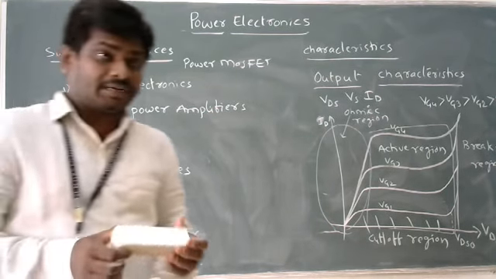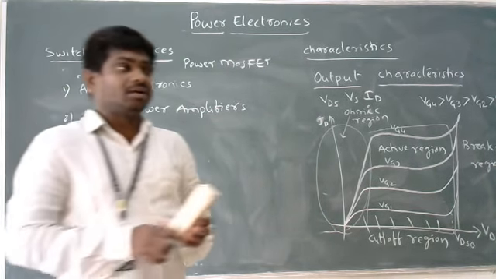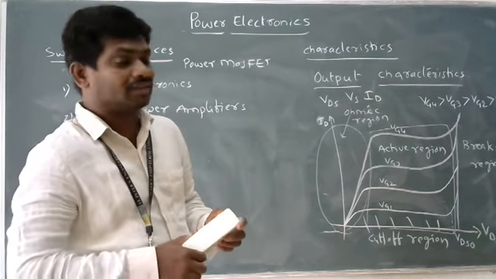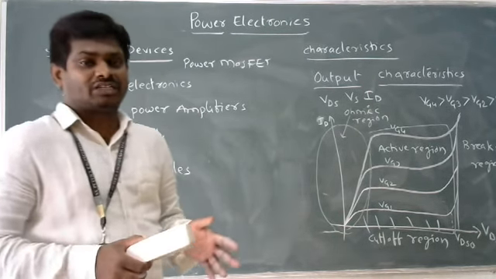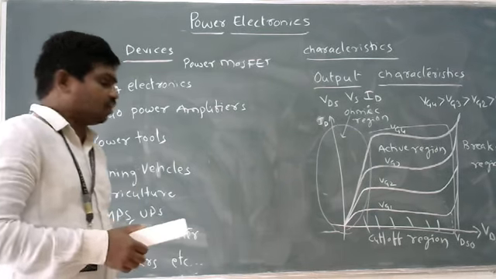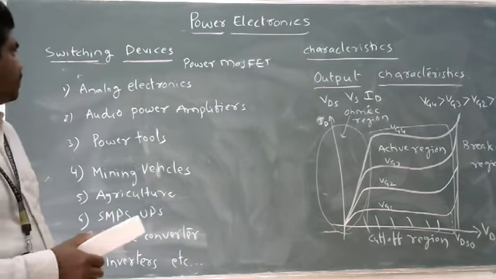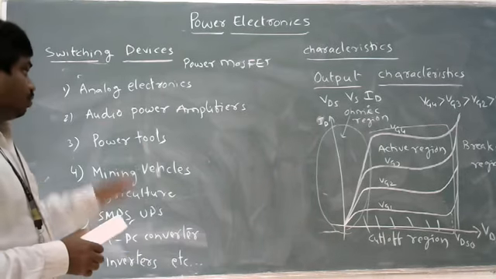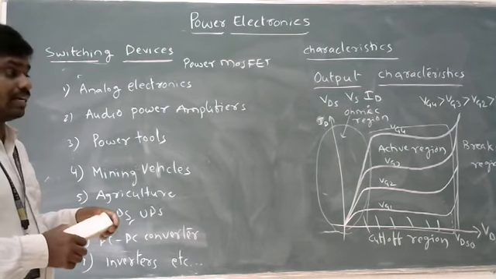Finally we got some knowledge about where we use the power MOSFET in applications. In the next video, we will see another type of switching device, that is the power IGBT.